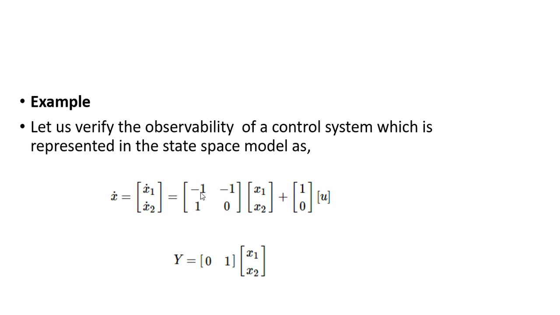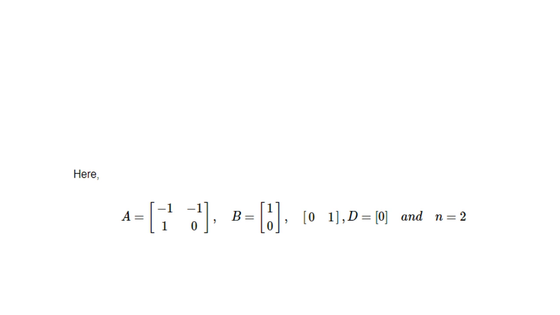So here this is A, this is B, this is C, and D is 0. It is not given, but in different examples there may be a value of D, but we are not interested in that value.